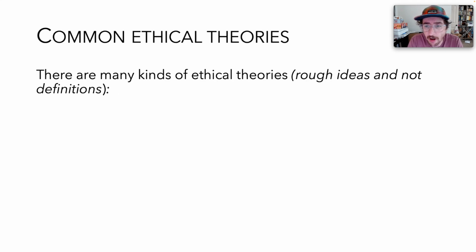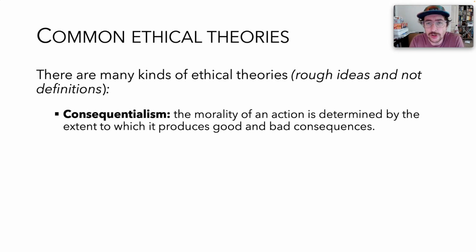Now, there's many kinds of ethical theories, and what I'm about to give you here are rough ideas. I'm not trying to give you definitions yet. We'll do that later on. But one approach to morality is what's known as consequentialism. These kinds of theories hold that the morality of an action is determined by the extent to which it produces good and bad consequences.